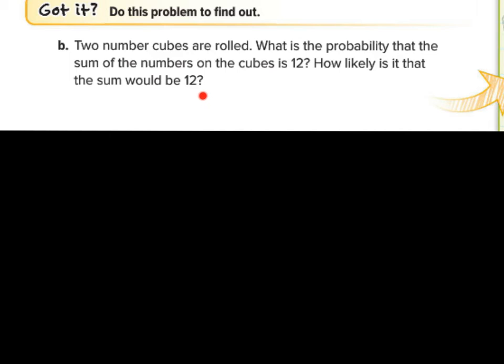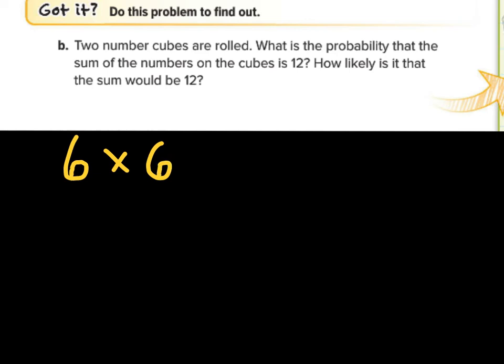Okay, again, 2 number cubes are rolled. What are all the possible combinations between the 2 number cubes? We already know that a number cube has 6 sides, and another number cube also has 6 sides.